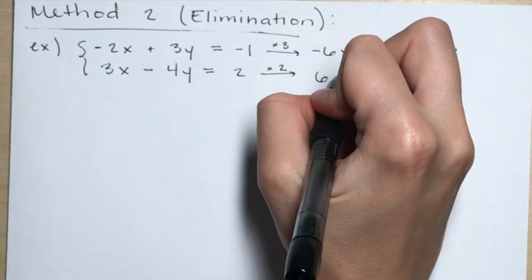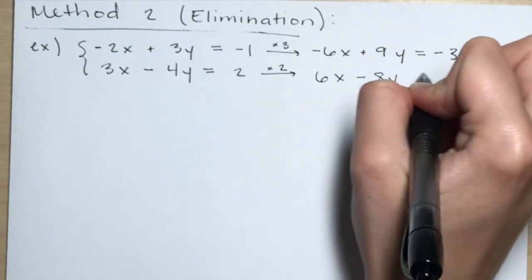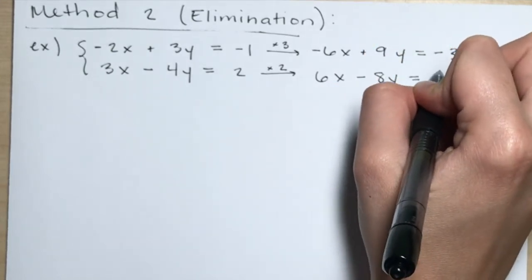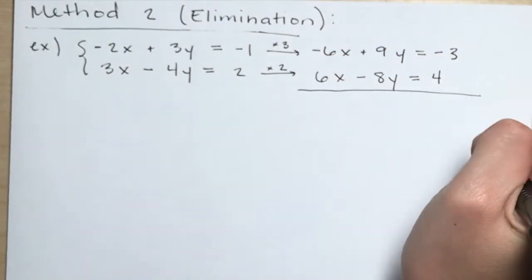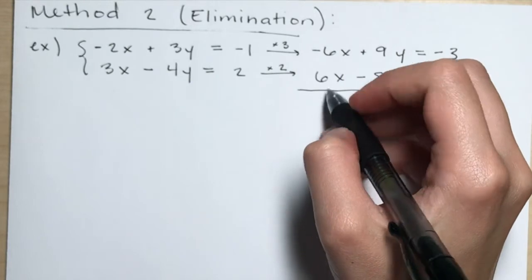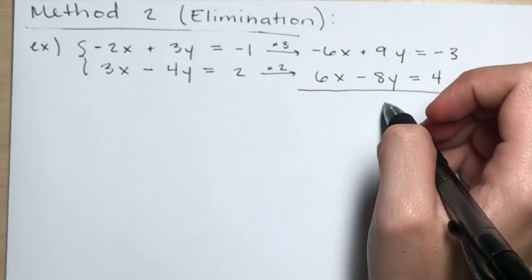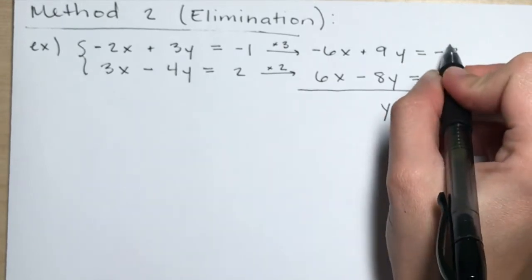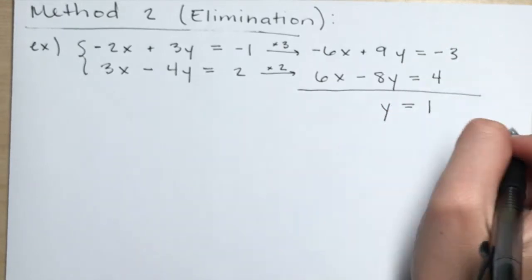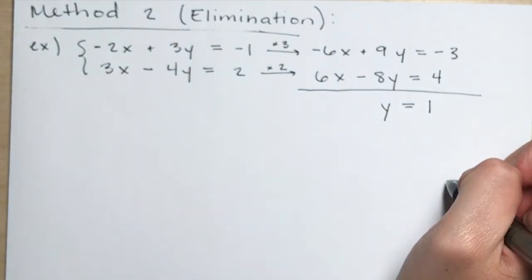So I have 6x - 8y = 4. We add these guys up. We add through this column, we get nothing. We add through this column, we get 1y. And we add here and we get 1. This is pretty simple. We just got y = 1.